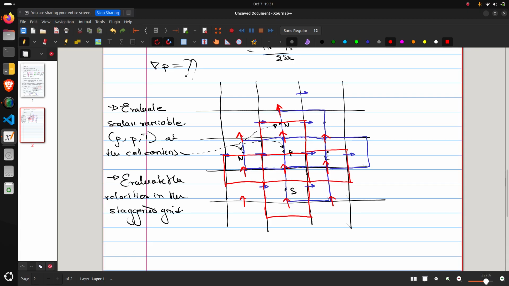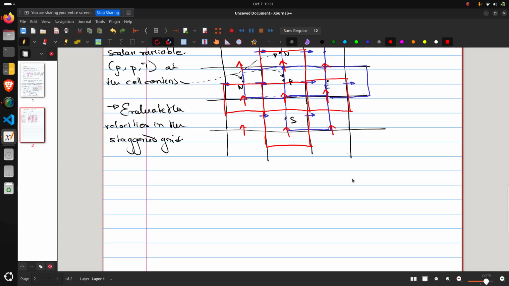Okay, so now you understand what the staggering of the grid means, right? So what we have done is that we store and calculate the x momentum value in the actual grid's faces, which is the cell centers for the staggered grid.